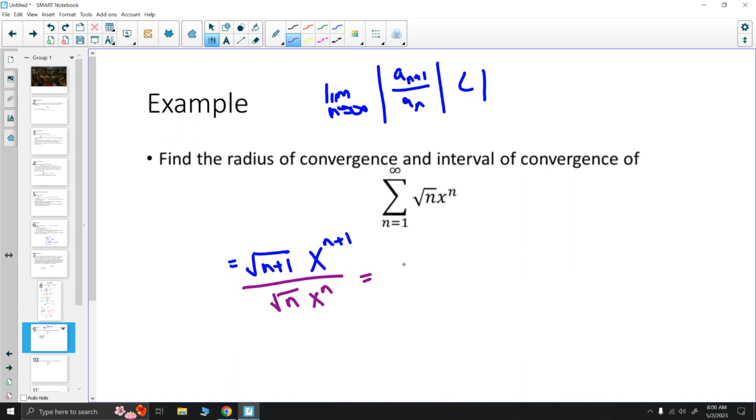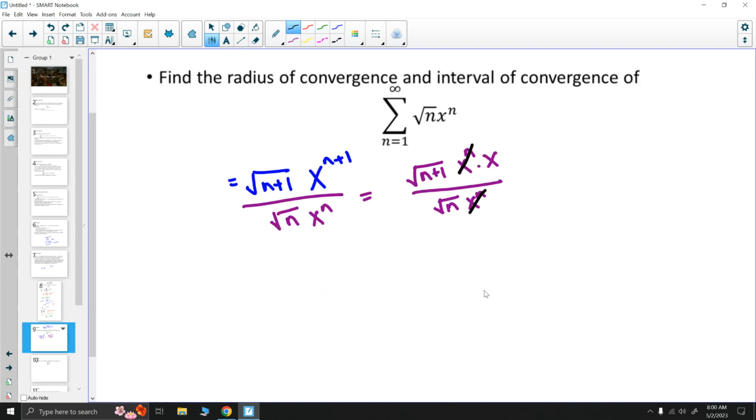All right, now again, in the future though, I'm going to stop writing this, and I'm just going to write it as what it is in our practical sense, x to the n times x over the square root of n x to the n. Okay, x to the n's cancel. And again, this is all within an absolute value and all that jazz. Okay, and we're going to take the limit as n approaches infinity of this thing.